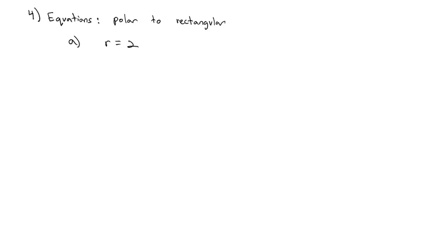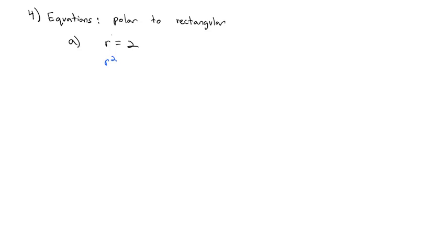What we're going to try and do to convert this polar equation to a rectangular equation is manipulate it so that it looks like, or at least a piece of it looks like, one of our formulas to convert between polar and rectangular. And while we don't have an r equals equation, we do have an r squared equation in polar.